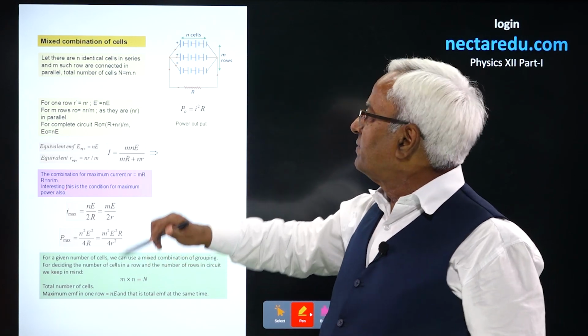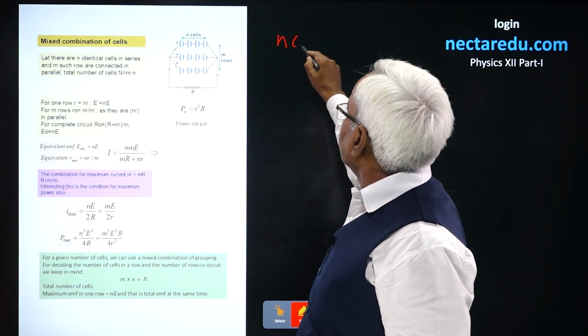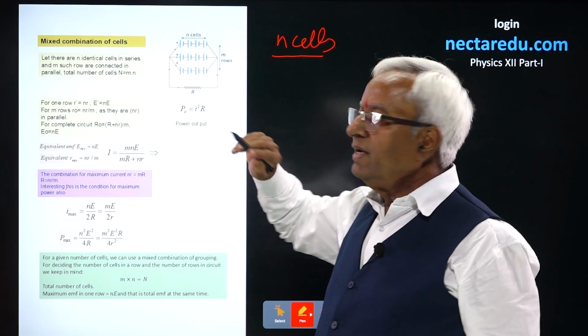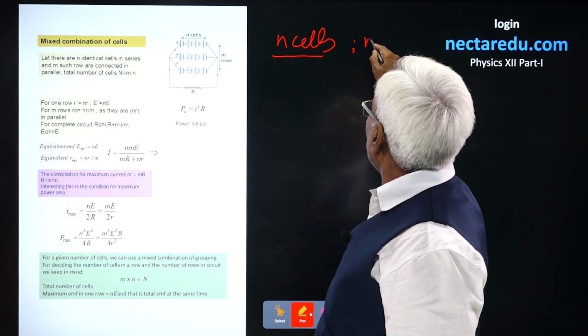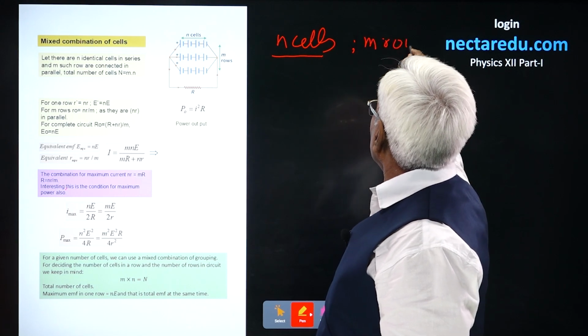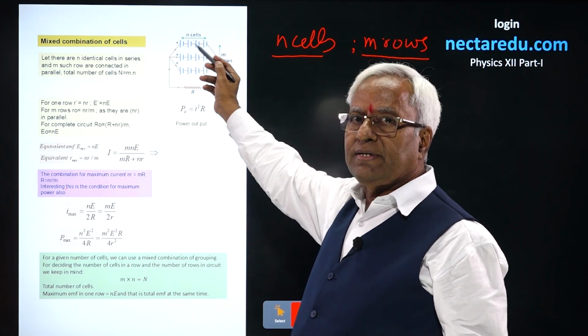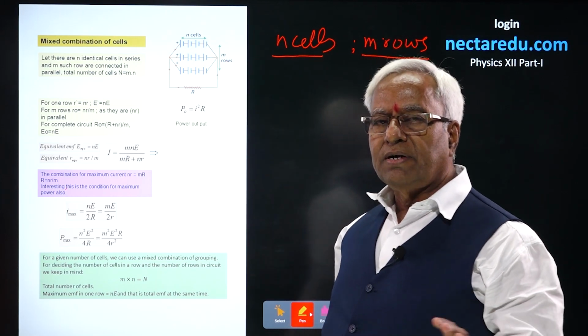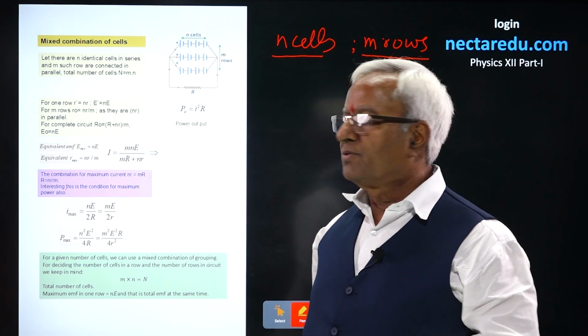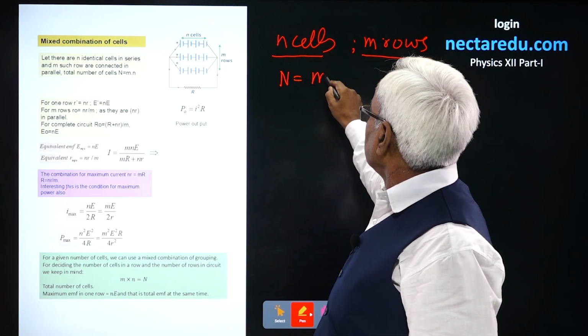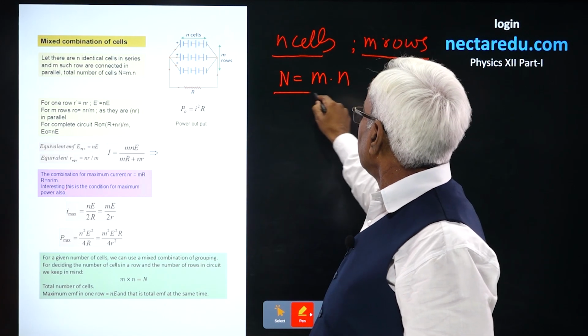But let's suppose there are n cells in one row, and there are m such rows. Such rows means all the rows will be dealt with similar number of similar cells. So overall, the total number of cells is going to be mn.